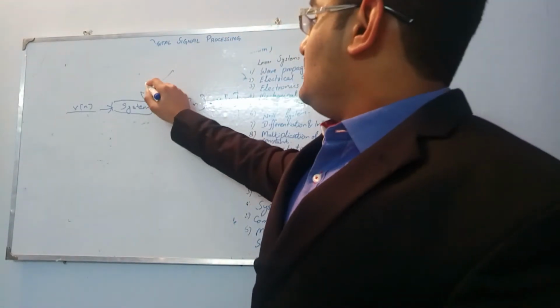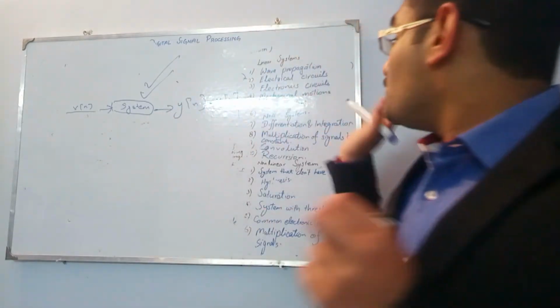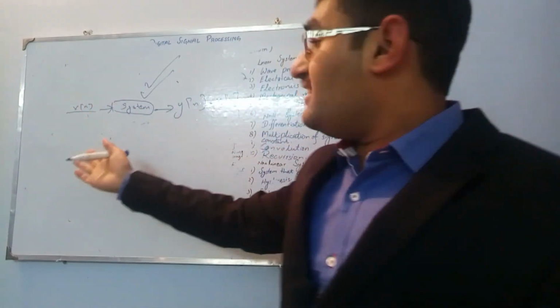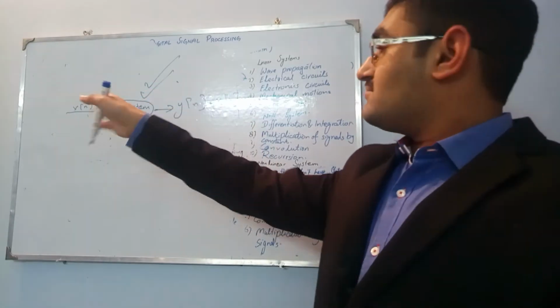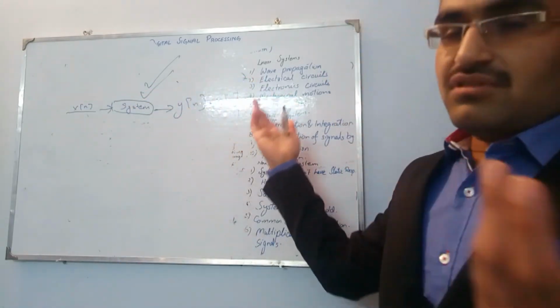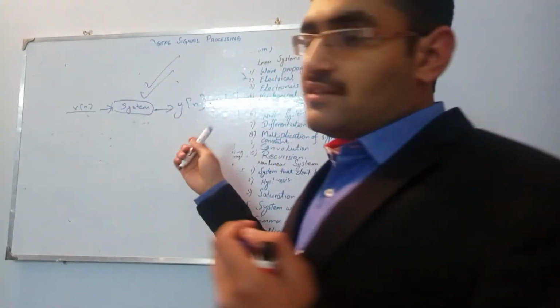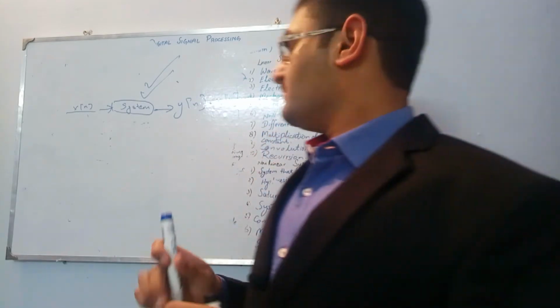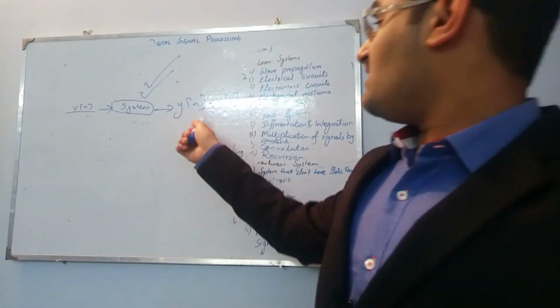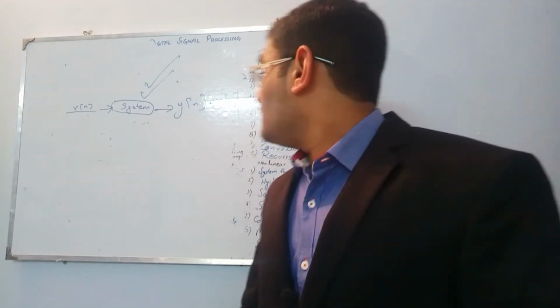So this kind of system is a unity system. As you can see, this returns the same input, so it should follow linearity. So this is another example of a linear system.